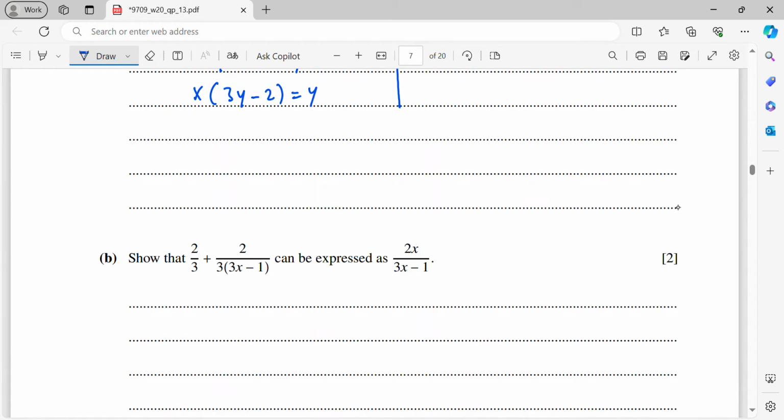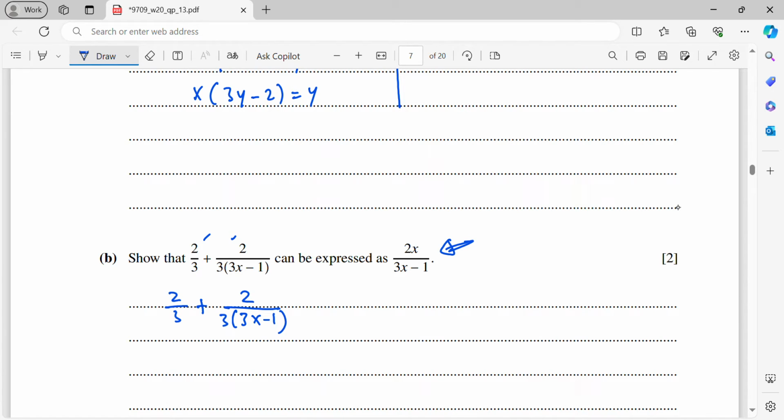Okay, B. Show that summation of these two terms can be expressed as this form. So just solve the summation of the two terms. So here I will get the same denominator. First term has denominator of 3.